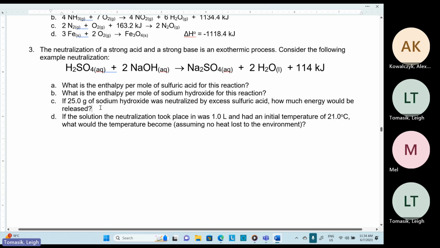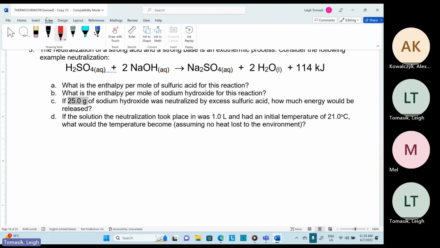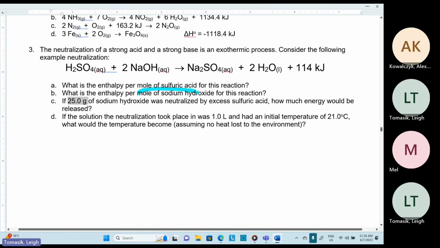So here we have a mass of sodium hydroxide, and we just calculated the molar enthalpy of sodium hydroxide, right? So you can have practice converting the mass into moles, and then multiplying by the molar enthalpy for sodium hydroxide.